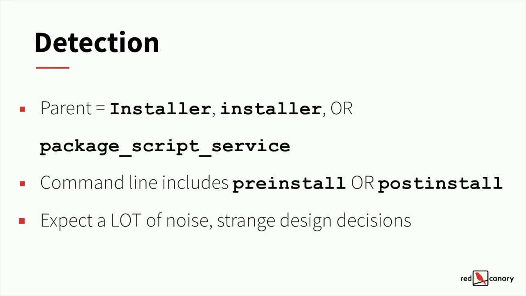If you're targeting threat hunts specifically for pre-install or post-install, look for those strings in the command line. They can be any kinds of scripts, so you can't assume it's going to be a shell script. You might also be looking for Python or Perl or whatever else.